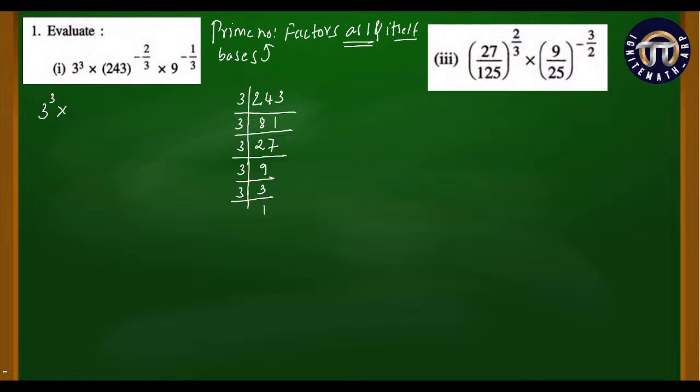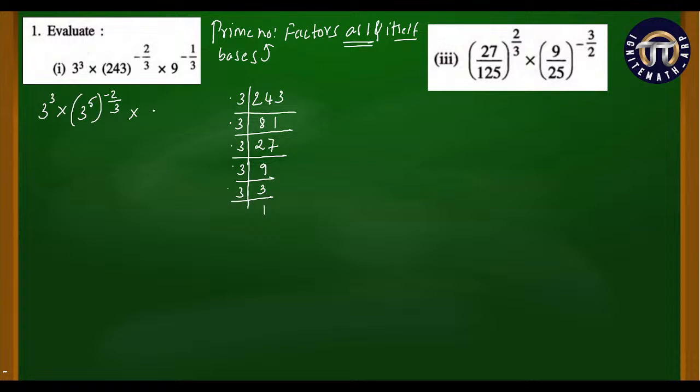So 243 is 3 to the power of 5. I have expressed 243 as 3 to the power of 5, and I retain the power of minus 2 by 3 as it is.